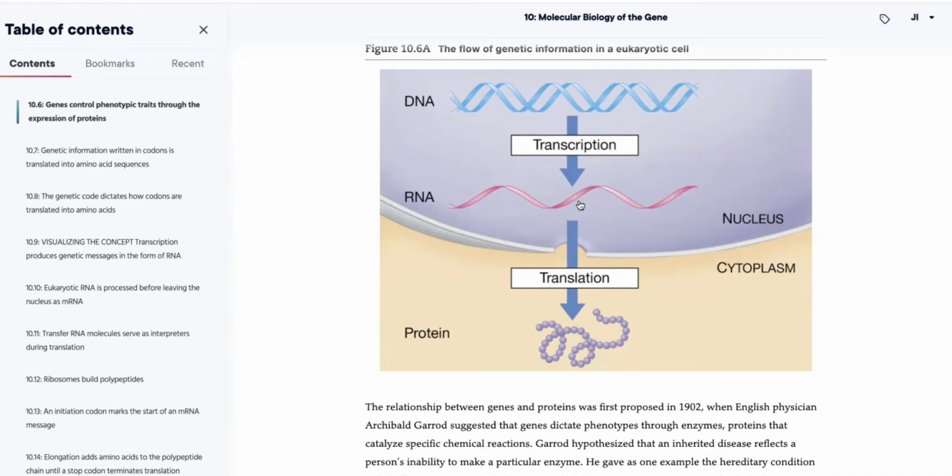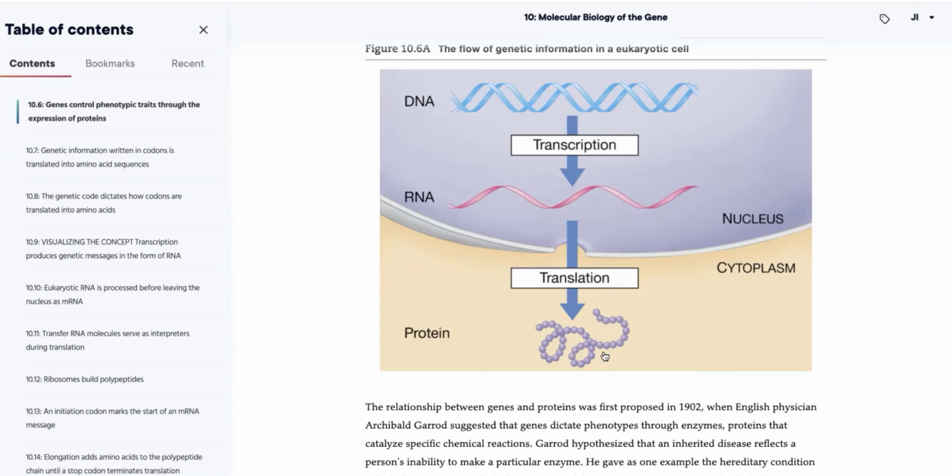And then later on, after this piece of RNA is converted into a full-on messenger RNA molecule, it's going to be exported into the cytoplasm, the cytosol, where it's going to take part in translation. And that's going to happen at the ribosomes. We briefly talked about how that works early on when we were discussing cell biology.